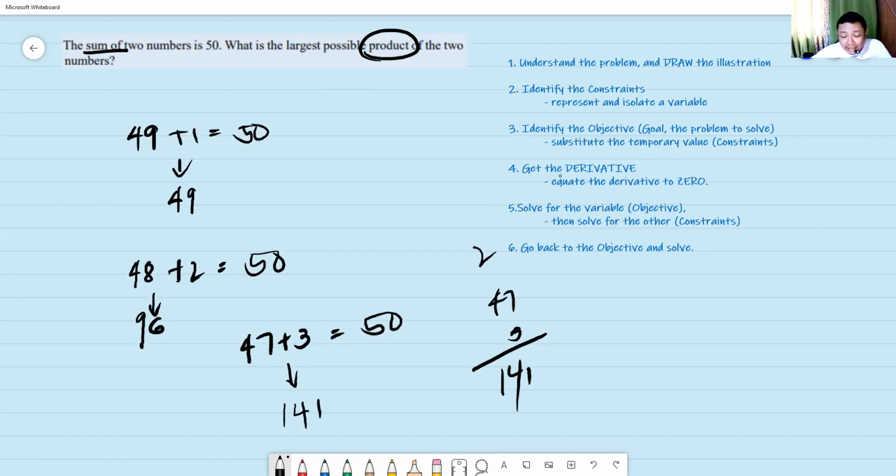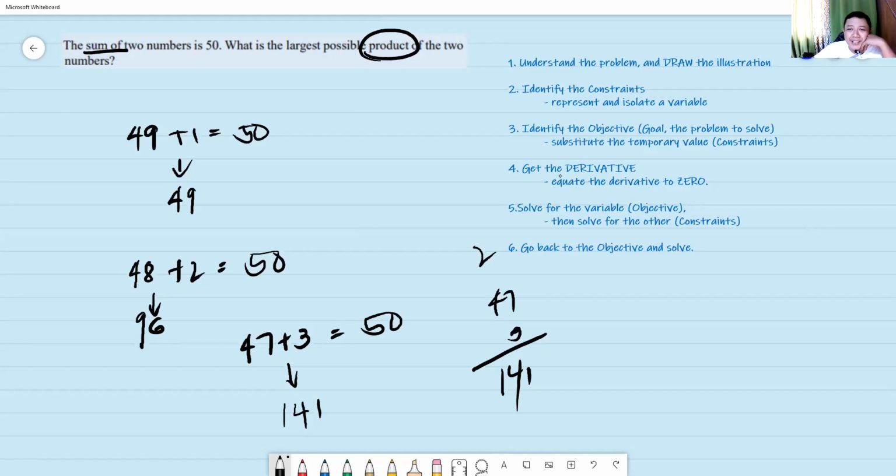If you will look at this pattern, sige nga, what are those two numbers? Do you think, tignan nyo, if you will be balancing all these numbers hanggang susundan nyo yung pattern, what do you think will be those two numbers whose sum is 50, but when you multiply, you will get the biggest product?